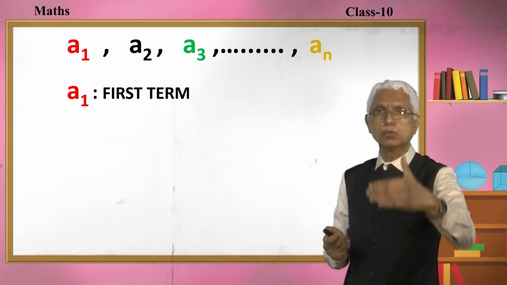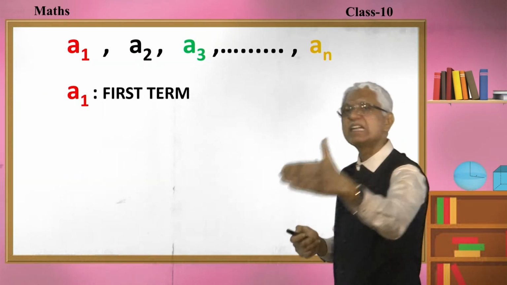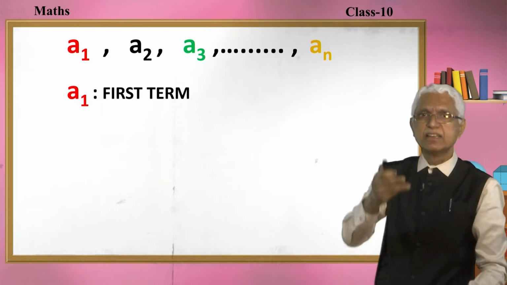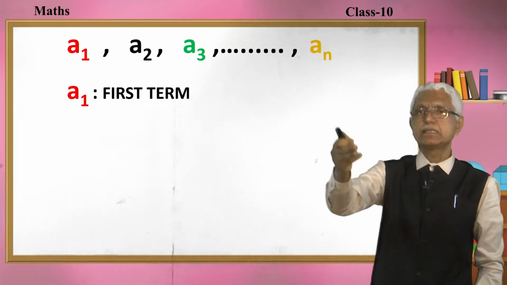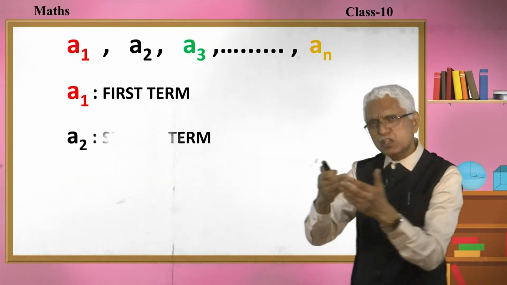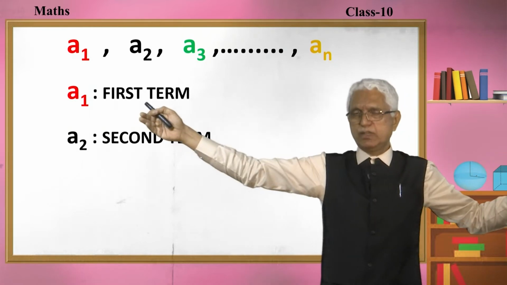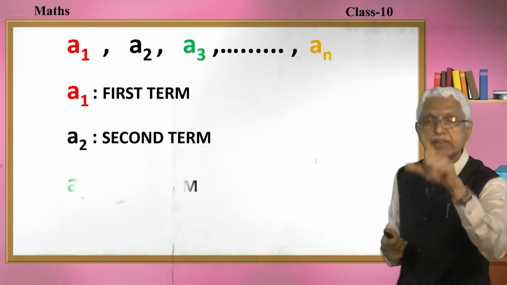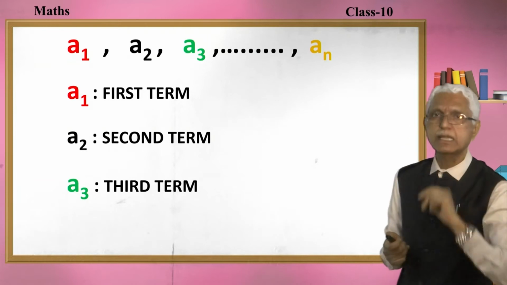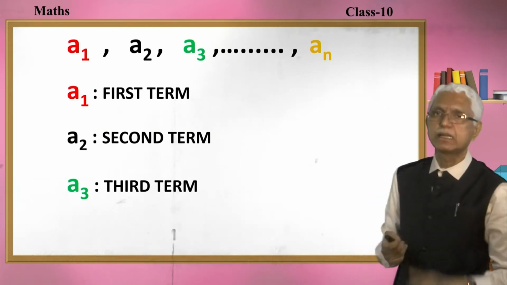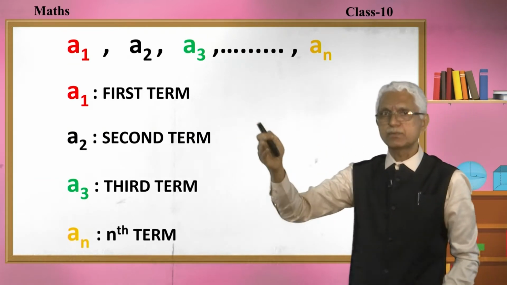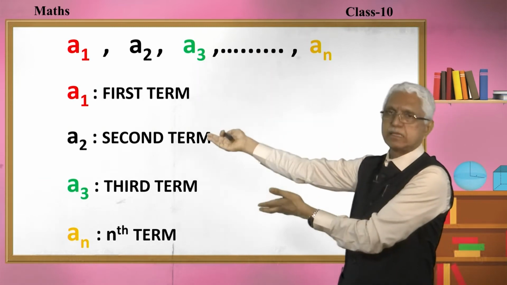Instead of writing 2, 5, 8, 11, etc., in general, a1, a2, a3, dash dash dash, an. These are all the terms, okay, and a1 is the first term, a2 is the second term, a3 is the third term. There are so many terms, and an is the nth term.